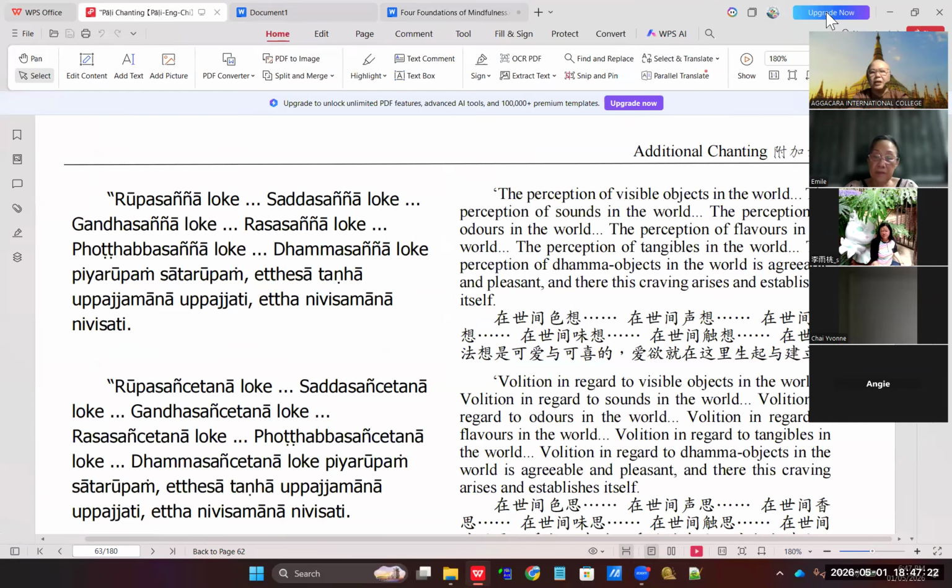If you are a dog lover, the moment you see the dog, there's a perception of visible object, and you have craving established there. If you are a cat lover, the moment you see a cat, your mind grasps it as a cat, then craving arises.